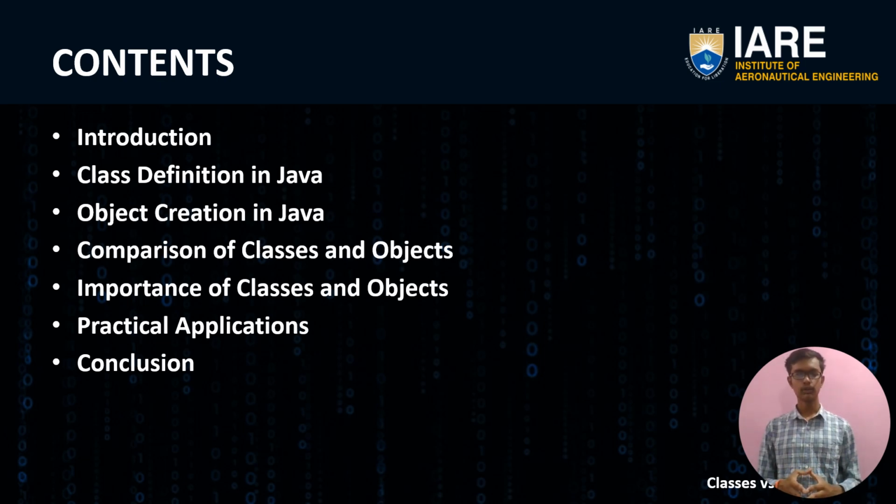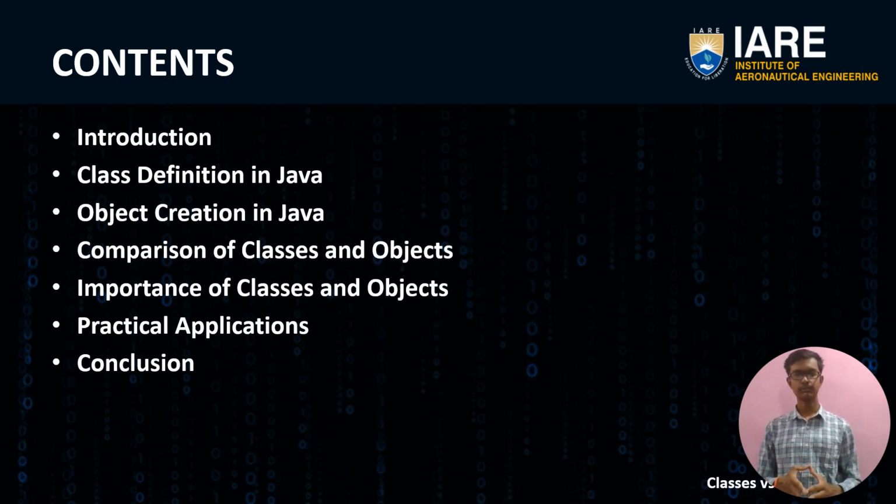And after that, object creation in Java. I'm going to explain how to create an object in Java, how to define all of the attributes and methods in Java. And after that, comparison of classes and objects.